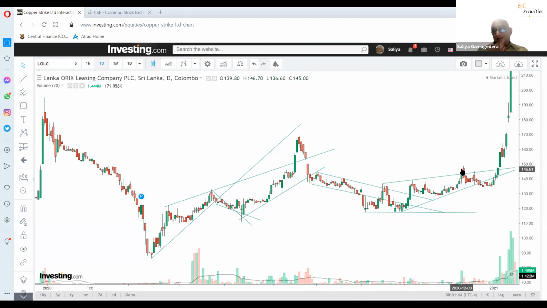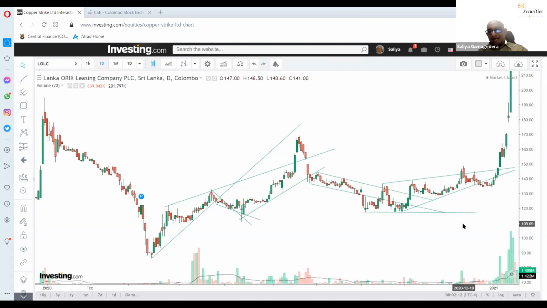It didn't work. Then it came down, tested this line again, came down, right? Broke out of this support line. Then again it went within the two lines, and we can see convincingly both of those two lines were broken out, and rest is history, right?